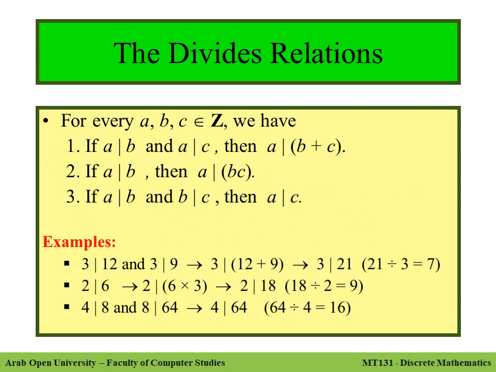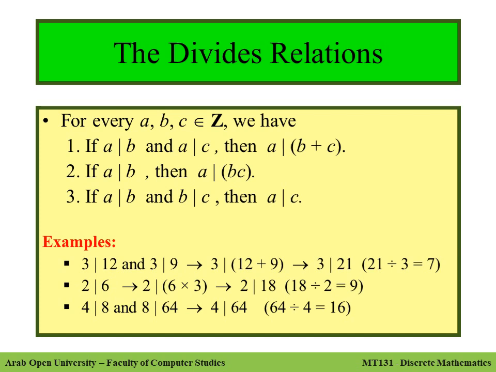Here we have 3 formulas that are true about division, and these formulas will be used later when we look at division as a relation. So here a, b, and c are all integers. The first rule: if a divides b and a also divides c, then a divides the sum, b plus c.